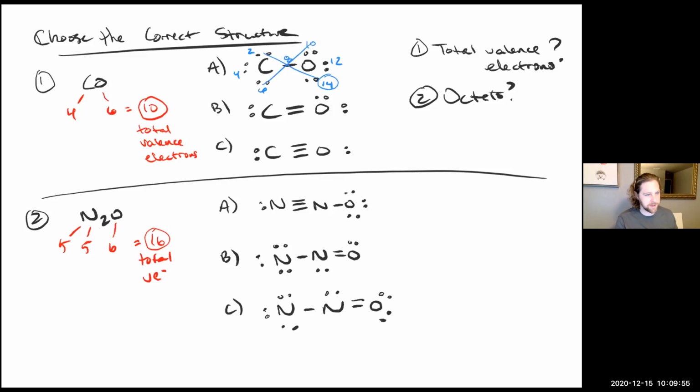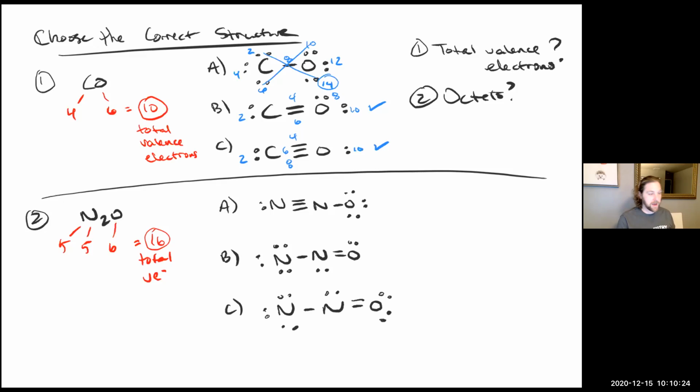Already, I can cancel that one out. For B, it goes 2, 4, 6, 8, 10. Okay, so it does have 10 electrons, which is what I'm looking for. And let's check the last one. 2, 4, 6, 8, 10. Each of those lines count for 2. So this one also has the correct number of electrons. So far, B or C are possibilities.